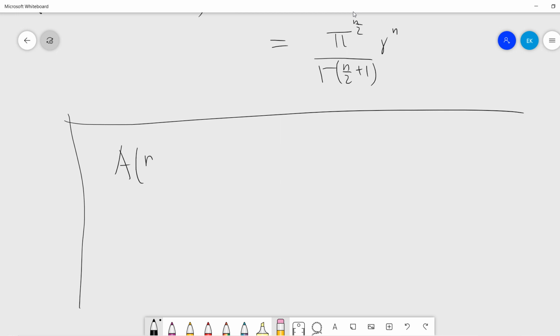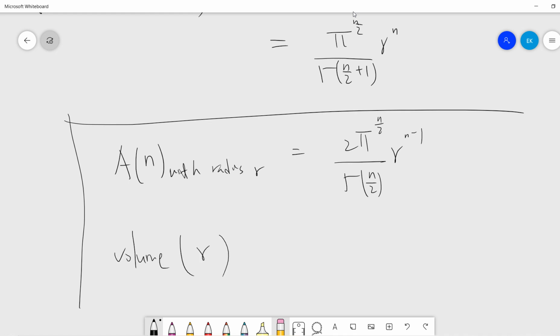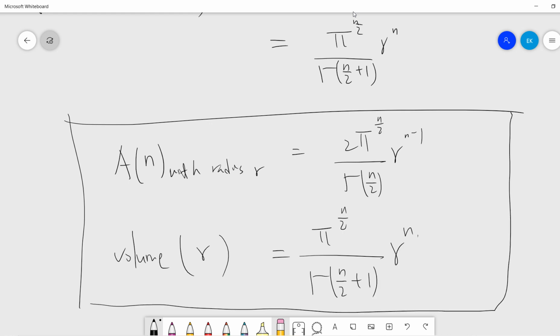The area in n dimensions with radius r is just 2 pi to the n over 2 over gamma of n over 2 times r to the n minus 1. And the volume of radius r in n dimensions is pi to the n over 2 over gamma of n over 2 plus 1, times r to the n. So this is our final result.